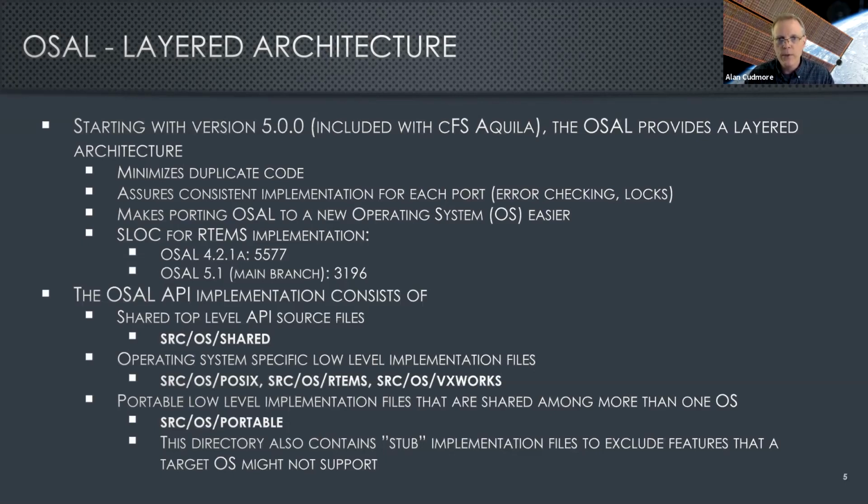This helps to reduce code duplication where operating systems share a particular API, like network sockets or file systems. Often this code can be shared across several implementations. So this directory with shared implementations also contains stub implementation files, so you can exclude features that a target might not support, for example, network.